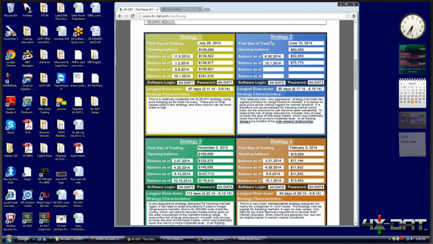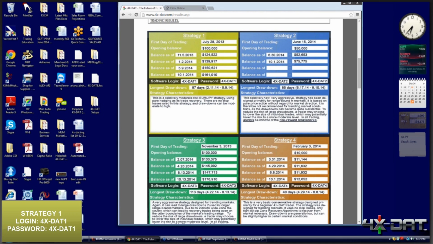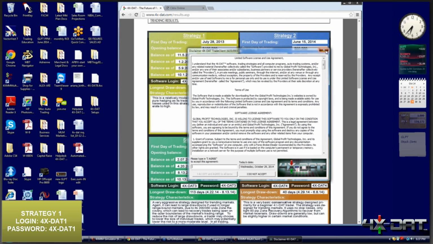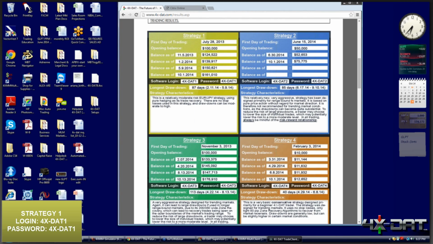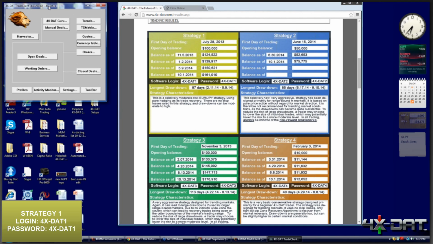So let's jump into the first strategy that we're showing. I'll go ahead and open my viewer. Actually, I'll do it from over here. Here's the dashboard or main window.